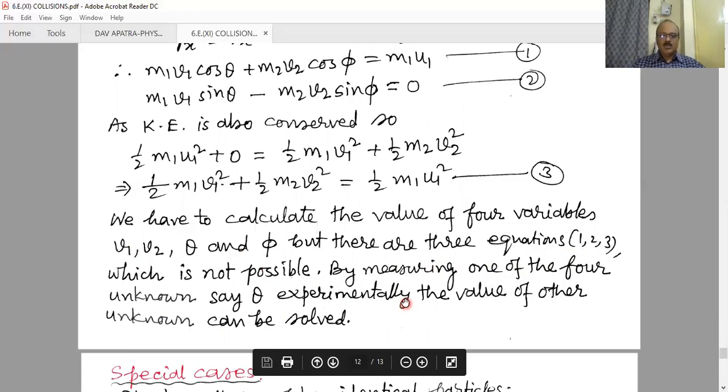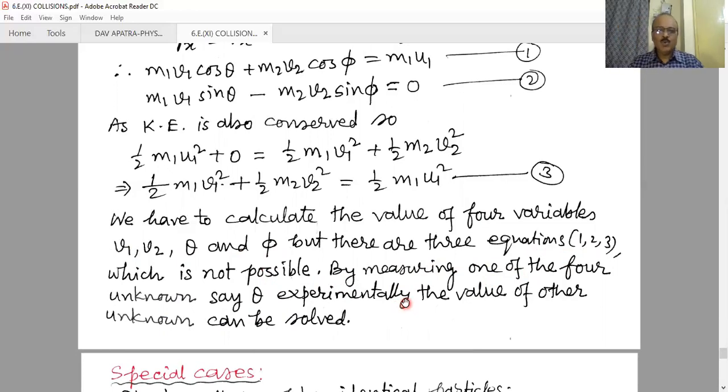It is the basic rule of algebra: the number of equations should be the same as or more than the number of unknowns. Here there are four unknowns, but only three equations: two from the law of conservation of linear momentum, and one from the law of conservation of kinetic energy. Therefore, we can only solve it if we know any one among the four quantities by another method, by an experimental method.